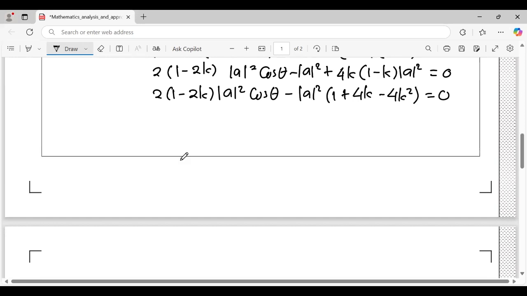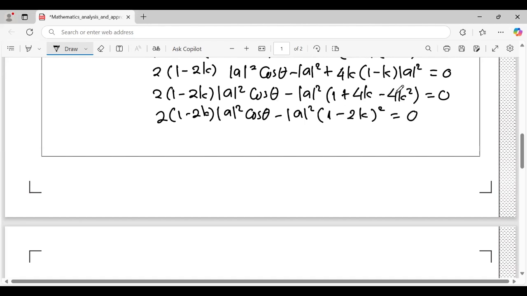Let's continue. So it's going to be 2 times 1 minus 2K A squared cosine theta minus 1 minus 2K, factorize this square. If you expand this, it becomes 1 plus 4K minus 4K squared. Okay, and after that, factorize again.